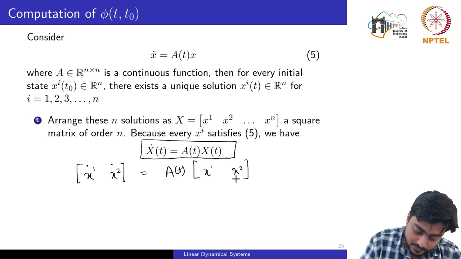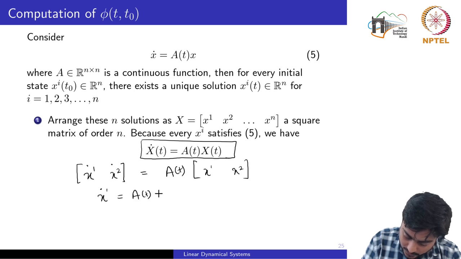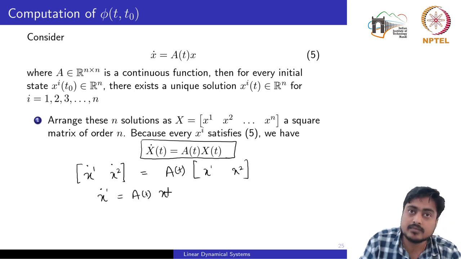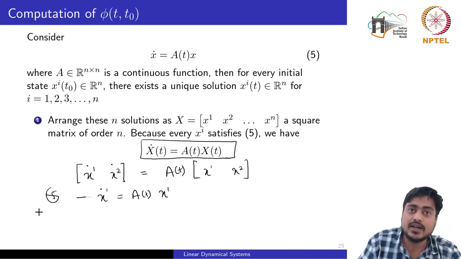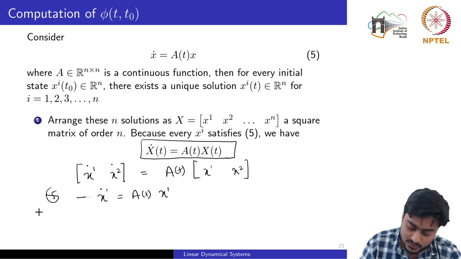So in the preliminary step we have computed that x dot 1 is equal to A of t x1, and this 1 in the superscript denotes the different initial condition, but the state would remain the same. Basically this is equation number 5. So if I club all these equations 5 for different initial conditions having a different unique solution, then it would give me this equation, right?